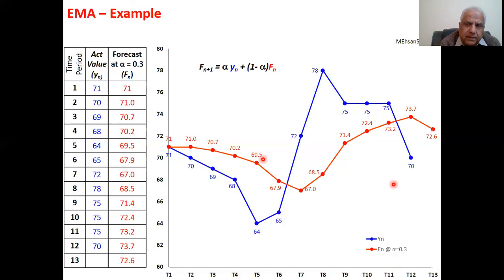The point is, does alpha behave in the same way as K does? That means, does smoothing increase with increasing value of alpha? Well, for that, we have to take different values of alpha and see what happens.